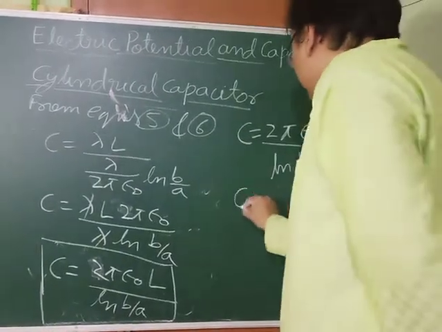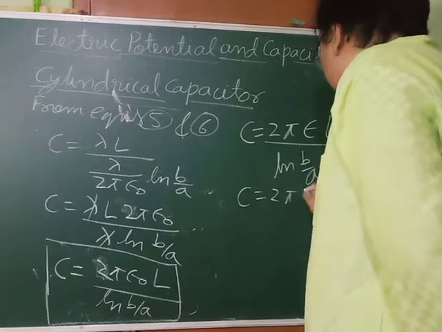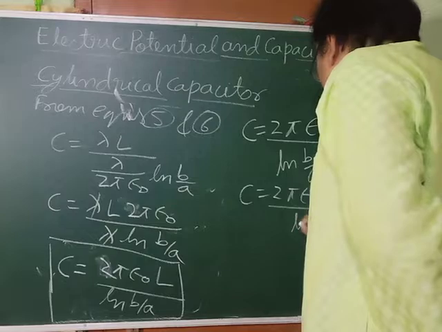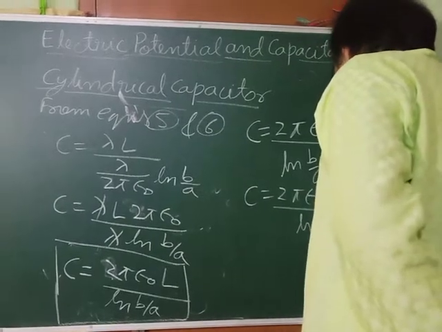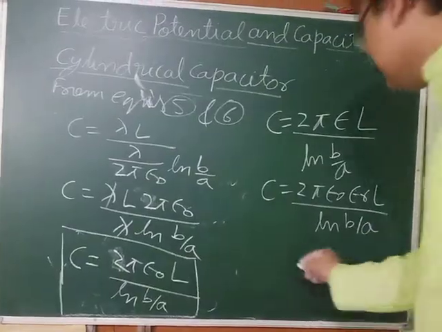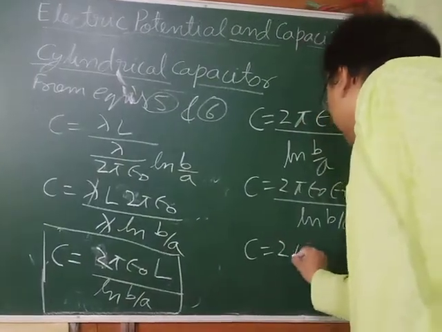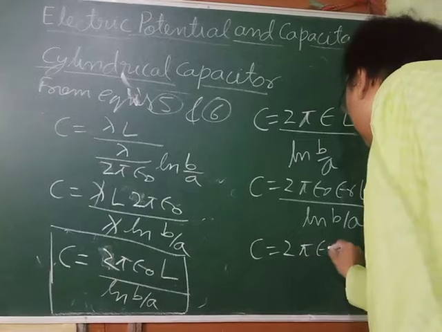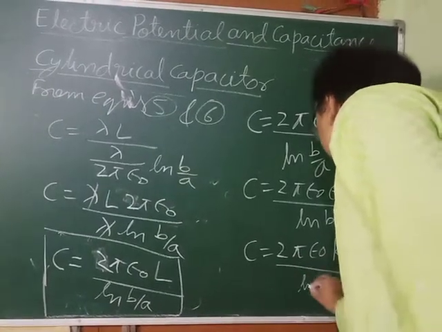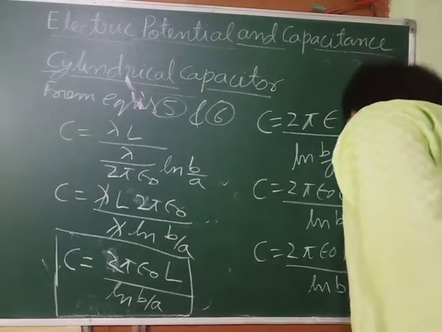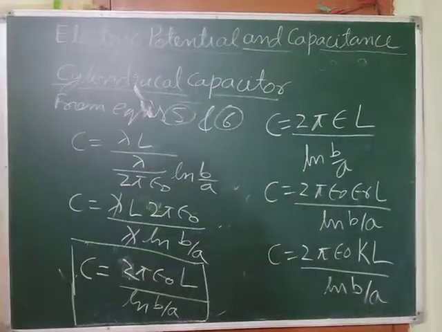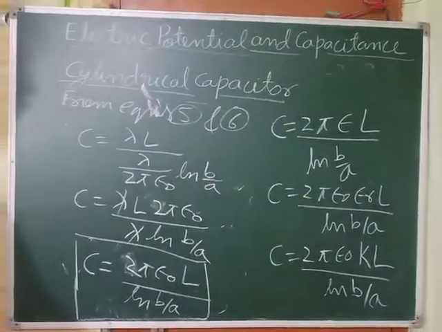Or you know very well it is 2 pi epsilon naught epsilon r L upon ln b by a, or you can replace epsilon r by the dielectric constant. So C is equal to 2 pi epsilon naught K, that is the dielectric constant, into L by ln b by a. So these are the expressions which we get. Just note it down.